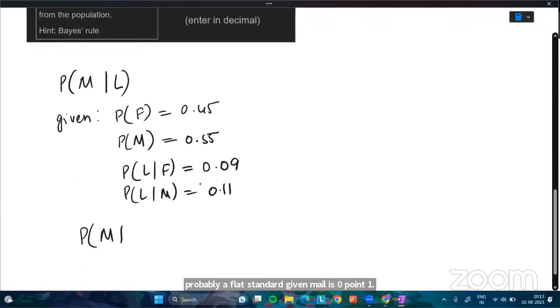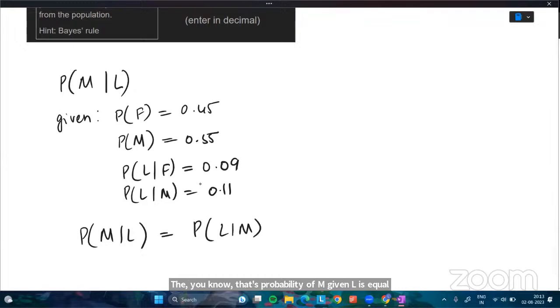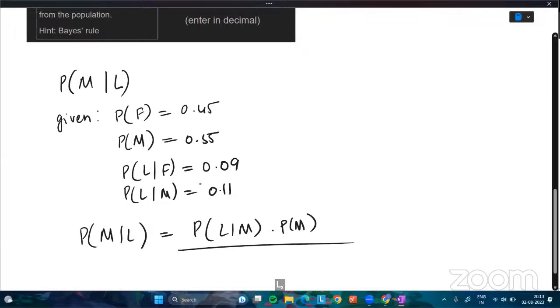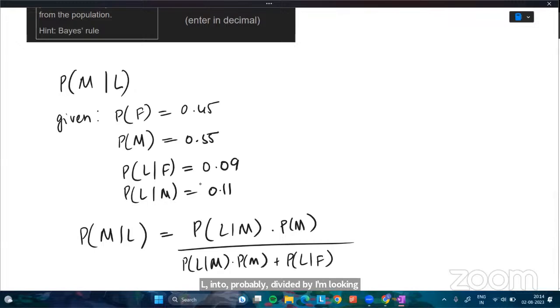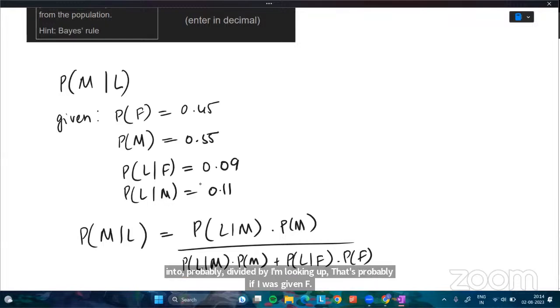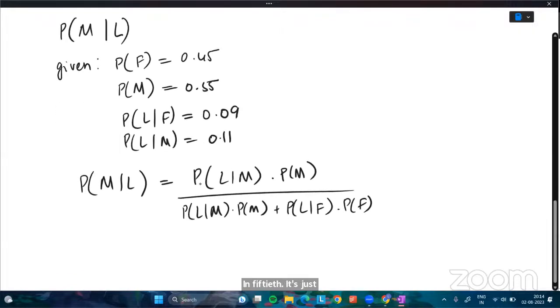And using the Bayes rule, we know that probability of M given L is equal to probability of L given M into probability of M, divided by probability of L given M into P of M plus probability of L given F into P of F. So it's just a straight substitution here.